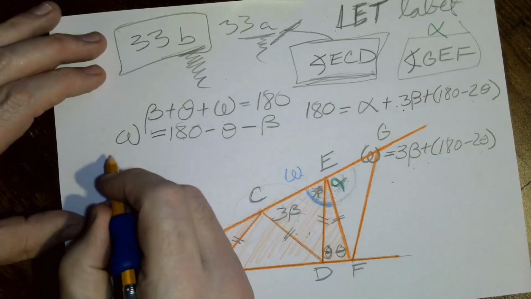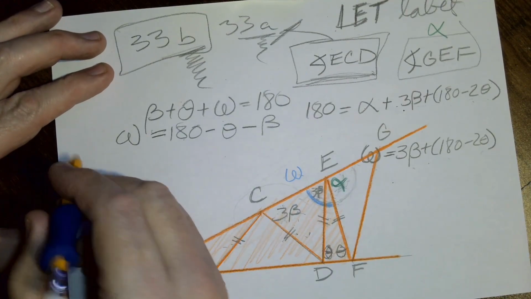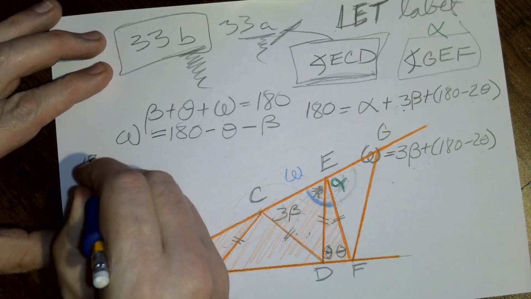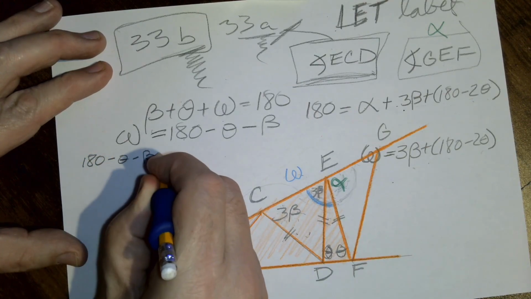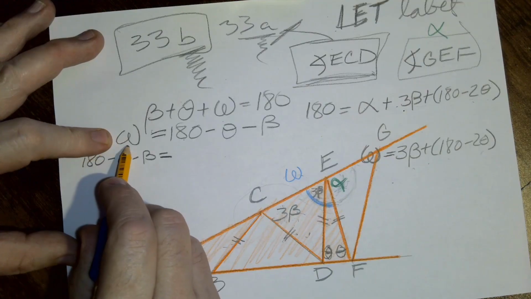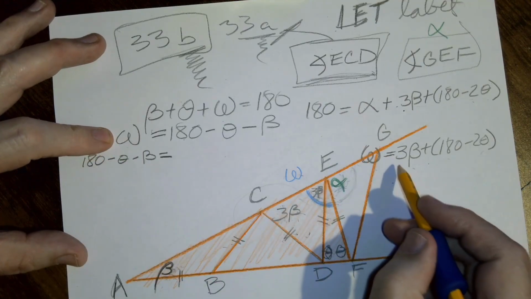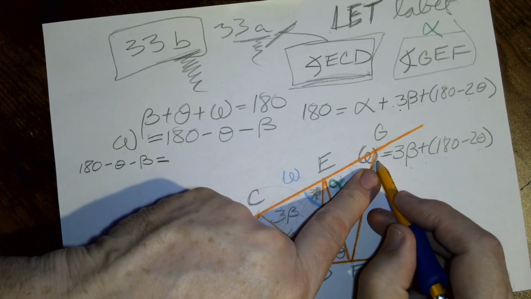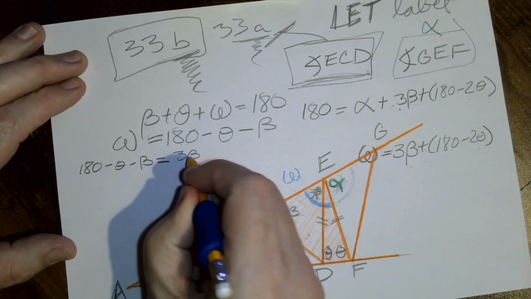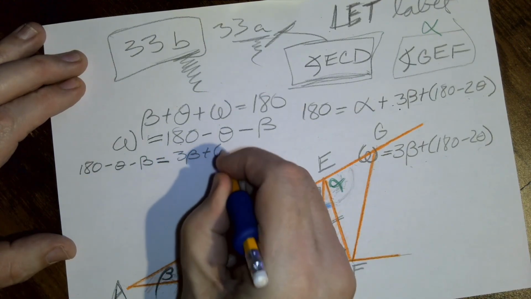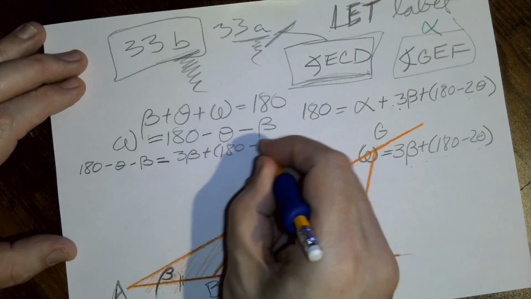So that means 180 minus theta minus beta, which is equal to omega, is also 3 beta plus 180 minus 2 theta.